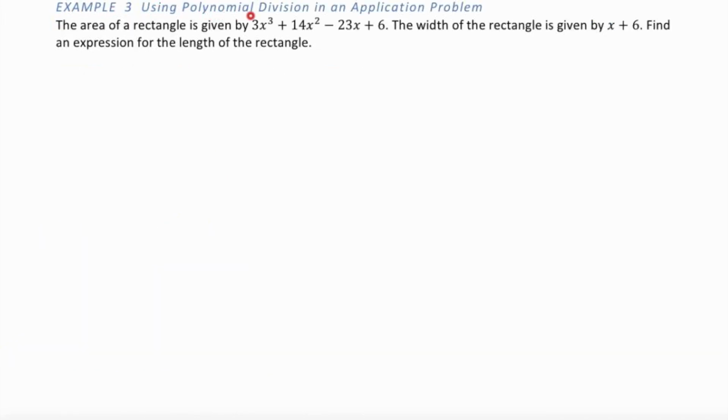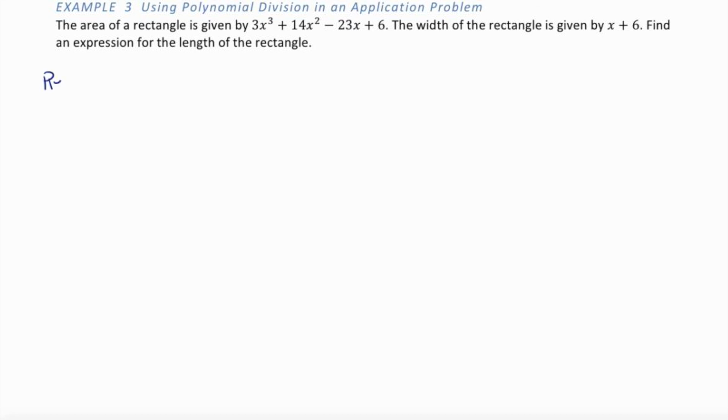Example 3, using polynomial division in an application problem. The area of a rectangle is given by 3x cubed plus 14x squared minus 23x plus 6. The width of the rectangle is given by x plus 6. Find an expression for the length of the rectangle.